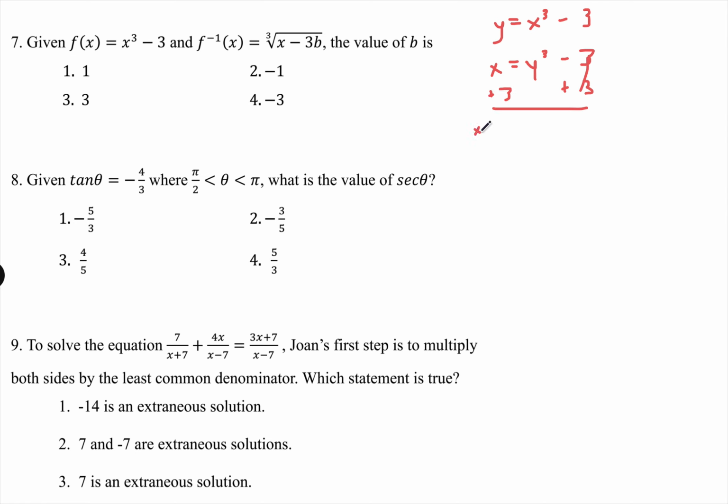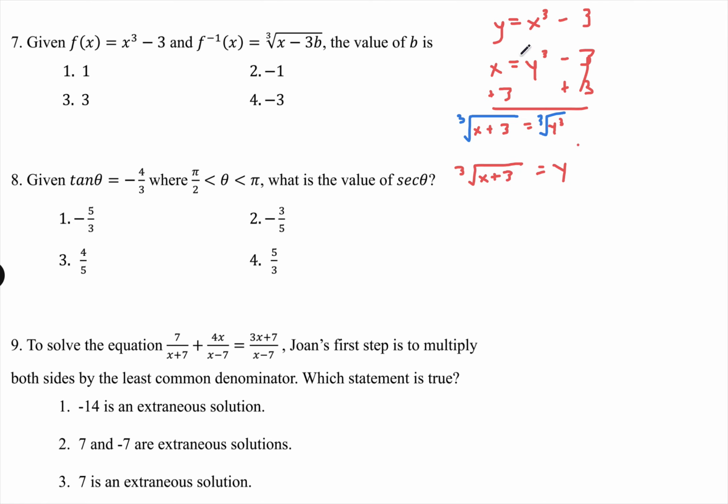I'm left with x plus 3 equals y cubed. To get rid of the cube, I need to take the cube root of both sides, and you see how I'm doing it over both of my terms. That leaves me with y equals the cube root of x plus 3.